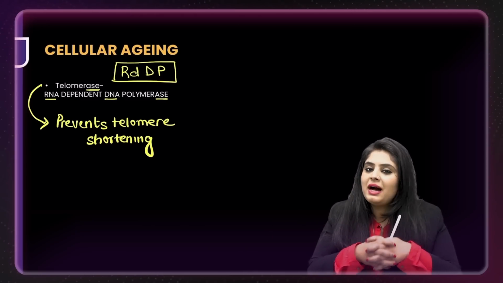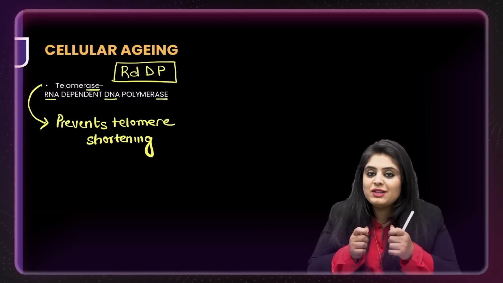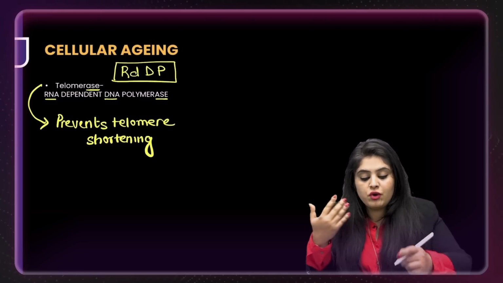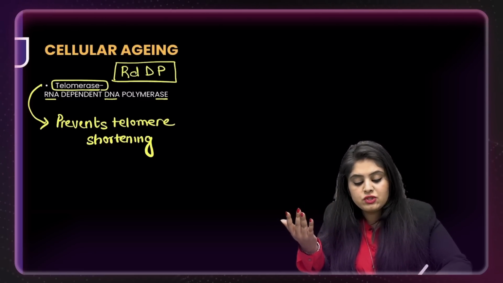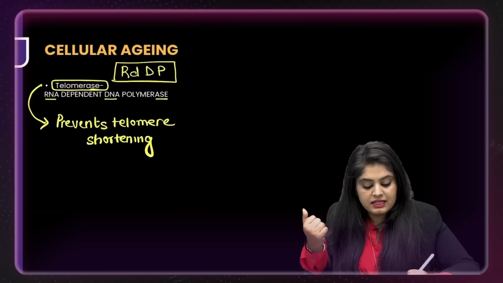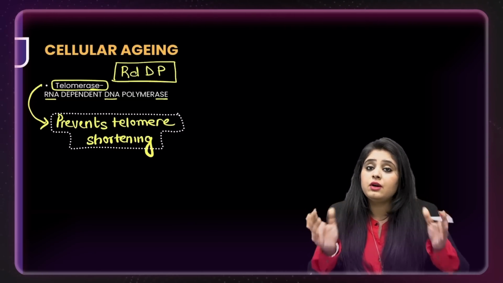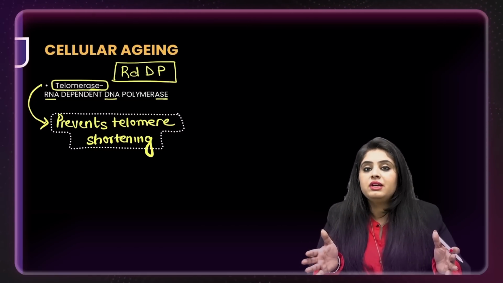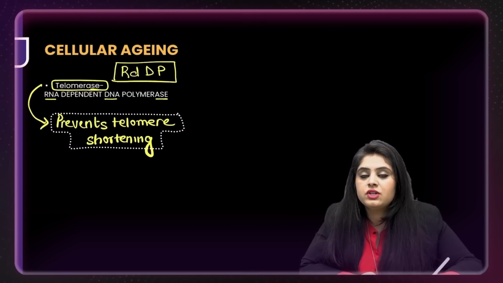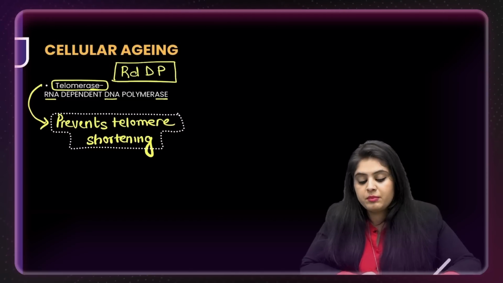So tell me, by chance, although that doesn't happen, but by chance someone is having too much telomerase in the body, will that person's telomere ever shorten? Not happening. If that person has 1000 telomeres, he will end up having 1000 only by the end of it. So will that person ever age? If someone's telomeres are not shortening, that person will never age.